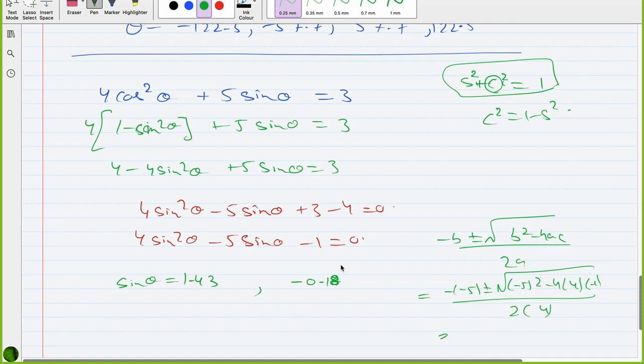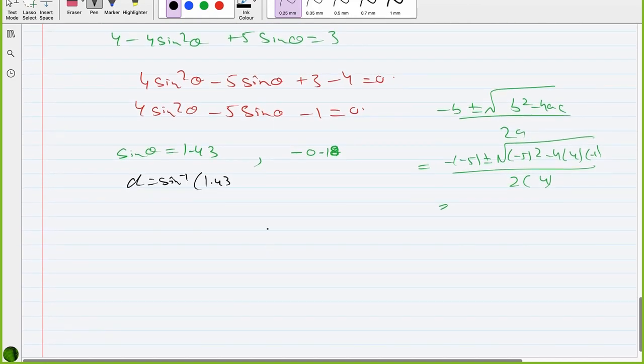So we solve for them individually, and alpha for the first case is sine inverse of 1.43. And sine inverse 1.43 is rejected. If you remember in AS you did these graphs that sine theta lies within 1 and minus 1. So it is outside 1 and minus 1, so it is rejected.